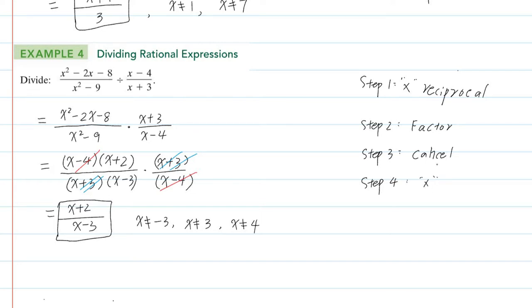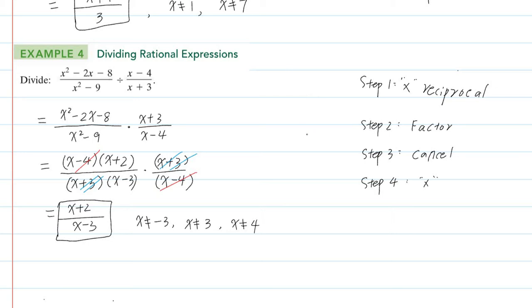Whatever's left over. Let me just erase, there's a little arrow right there. Do not like this part. Let me just fix that really quick. Cancel. Okay, better. That is example 4.